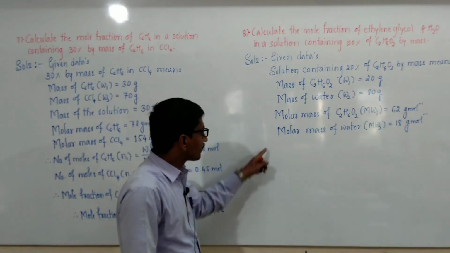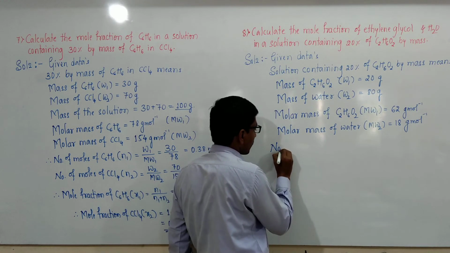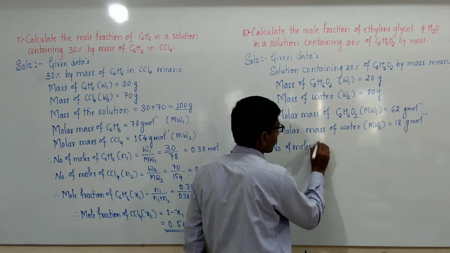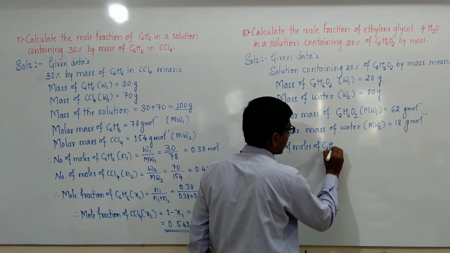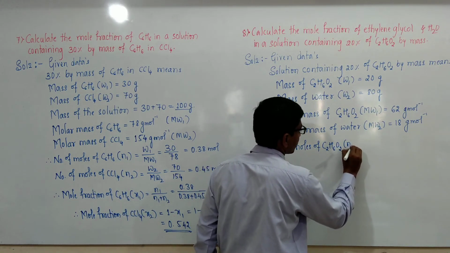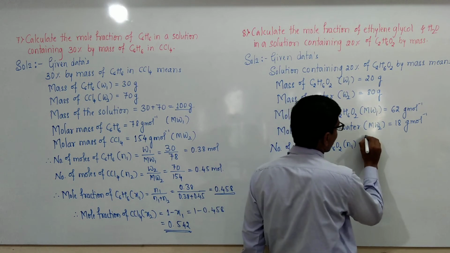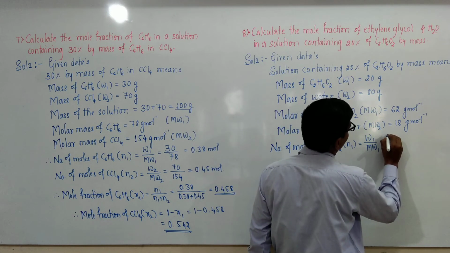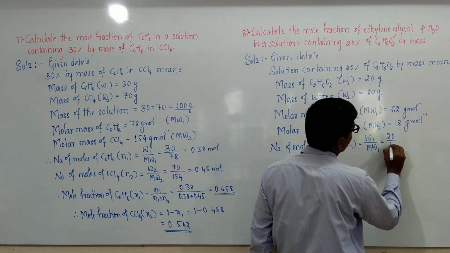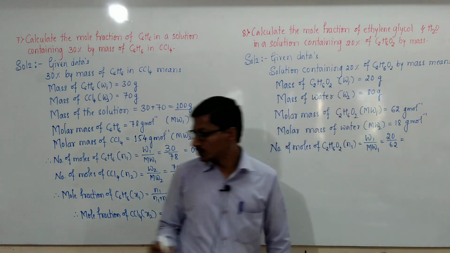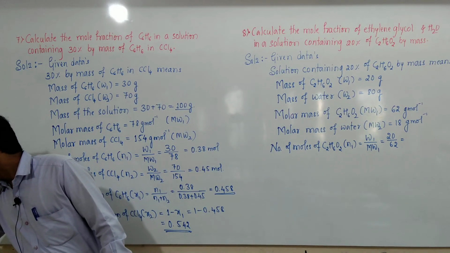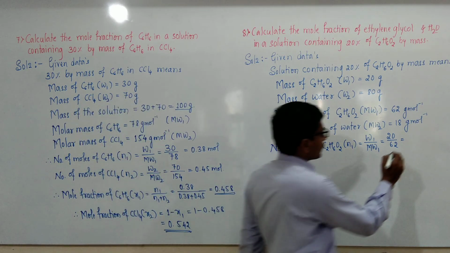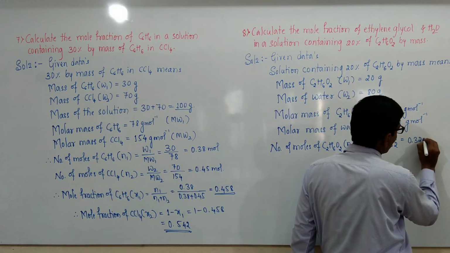First we have to calculate the number of moles of water and the number of moles of ethylene glycol. For C2H6O2, N1 is equal to W1 by MW1, which is 20 divided by 62. This ratio is 0.322 moles.